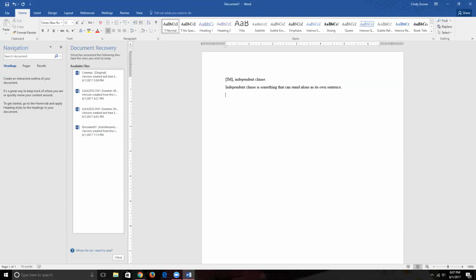And what are the 3 things that sentences have to have? They have to have a subject, they have to have a verb, and they have to have a complete idea or complete thought. So if you see after the introductory material that there is something like an independent clause, meaning it has a subject, it has a verb, and it expresses a complete thought, then you have this rule satisfied.